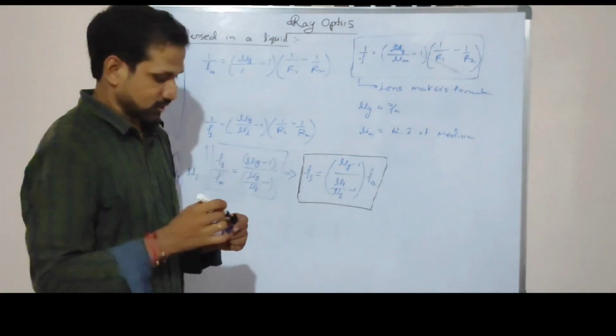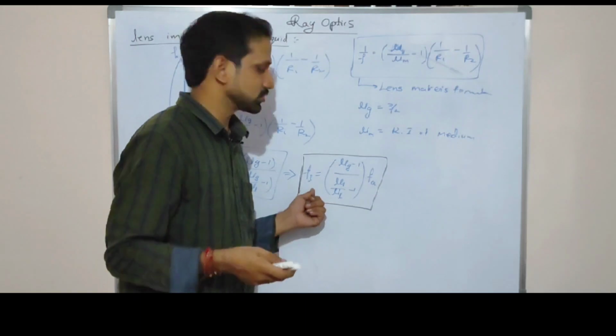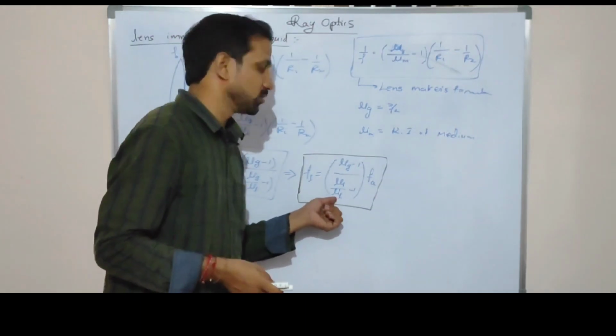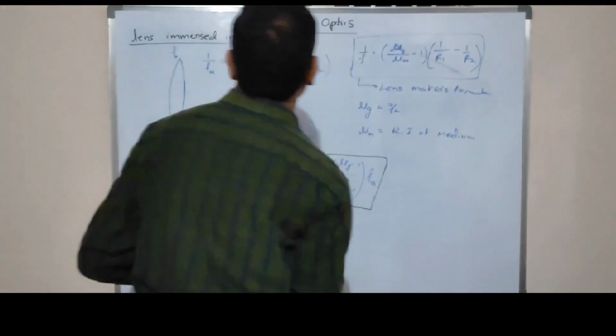The focal length will change, and the nature of the lens will also change, depending on the value of the liquid's refractive index. I will explain that after taking this.